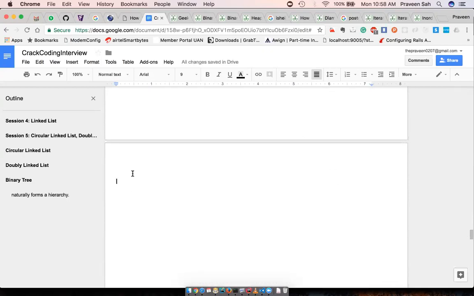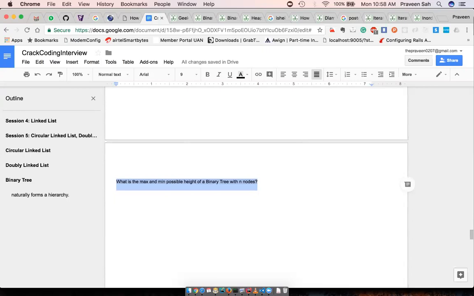So the question is, what is the max and minimum possible height of a binary tree with n nodes? Everyone got the question? Yes. So what is the maximum height possible of a tree and minimum height possible of a tree with n nodes?